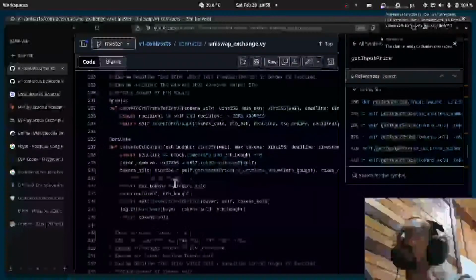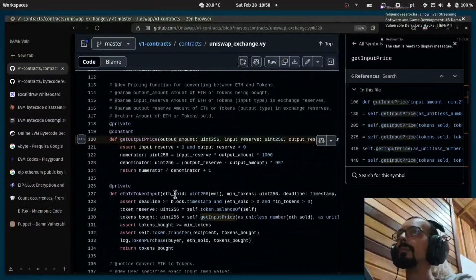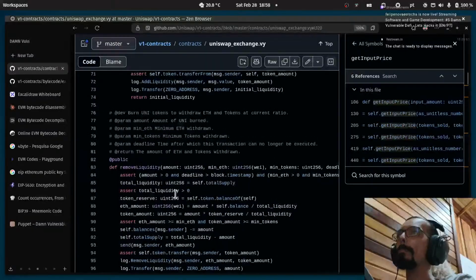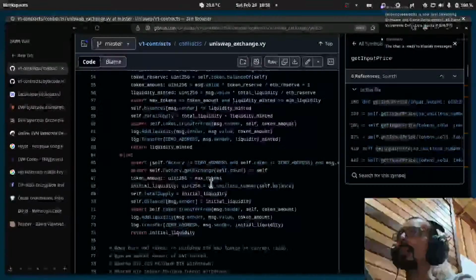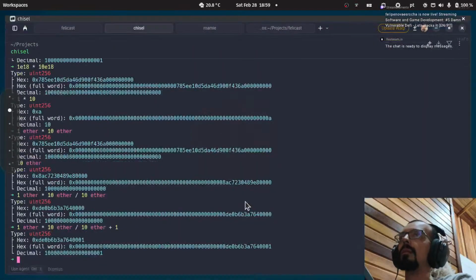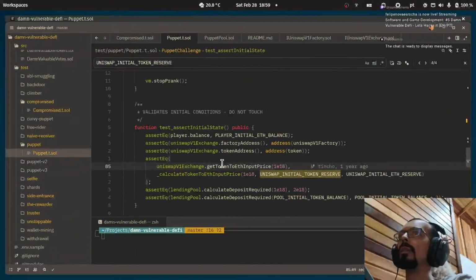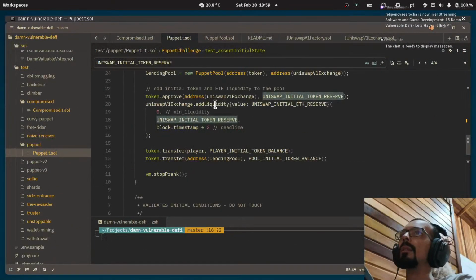Stuff is going to be changing, functions here, adding. So the first initial liquidity is the self-balance. In the self-balancing exchange, calling adding, you see here is the 10,000 Ethereum.